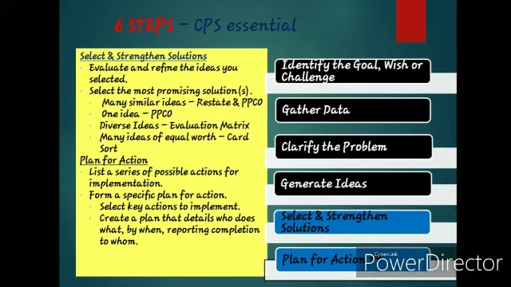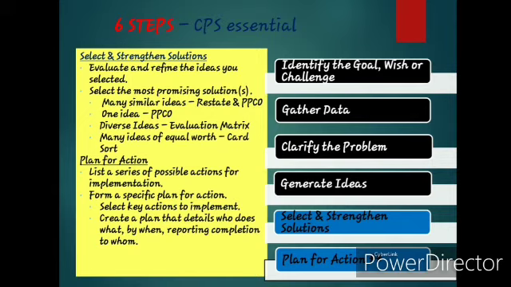PPCO stands for pluses, potentials, concerns and overcome your concerns. Pluses is what is good about the idea. Potential is what is the potential of your solution or idea, and concern is what problem you may get if you use the idea, and how you overcome your concern.